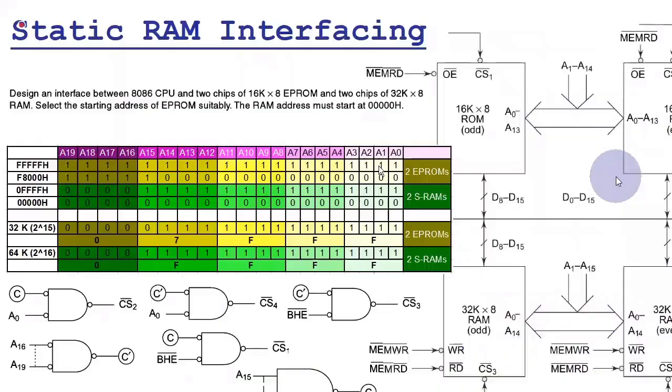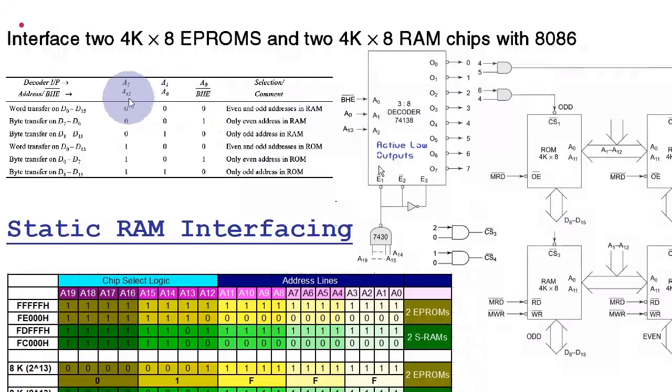So if you again see this table, here I have written A0, BHE bar, and these bits, I mean, 13 bits are there. This is for the previous example. For our case, it will change to this A0 and the rest of the bits will change here. So this A0, A1 and A2 have no meaning for us. This was for this decoder.